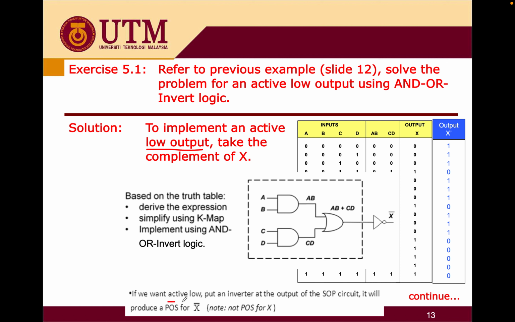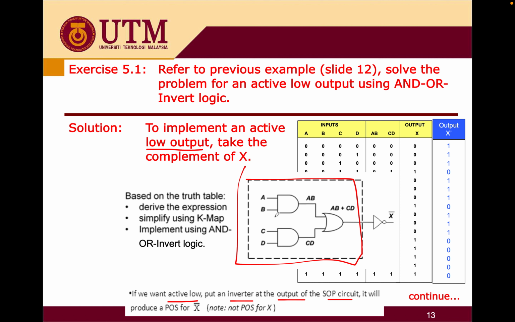If we want active low, put an inverter at the output of the SOP circuit. So this is the SOP circuit, which is your AND-OR logic.